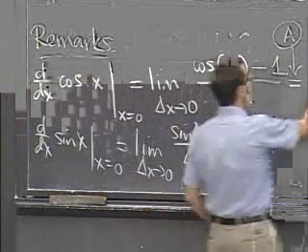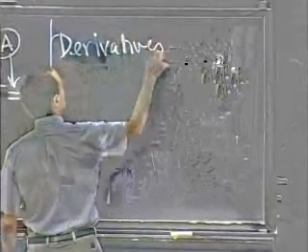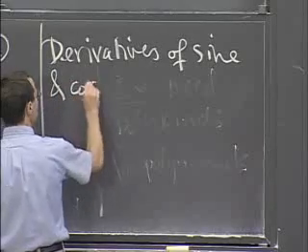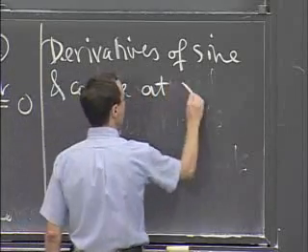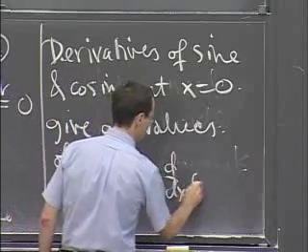And so the remark that I want to make, in addition to this, is something about the structure of these two proofs, which is that the derivatives of sine and cosine at x equals 0 give all values of d by dx sine x, d by dx cosine x.